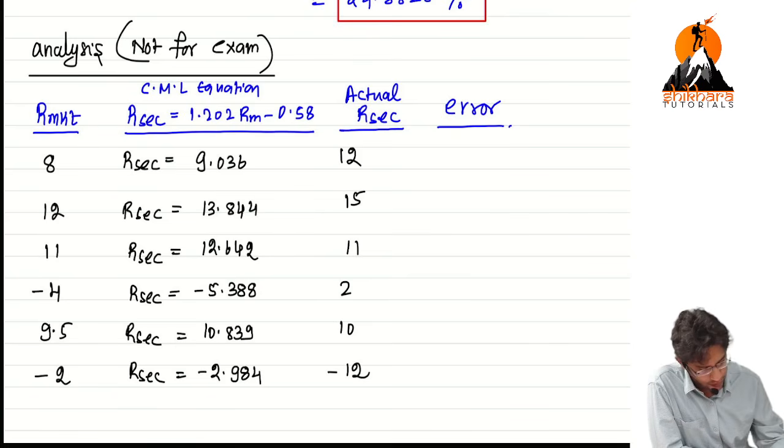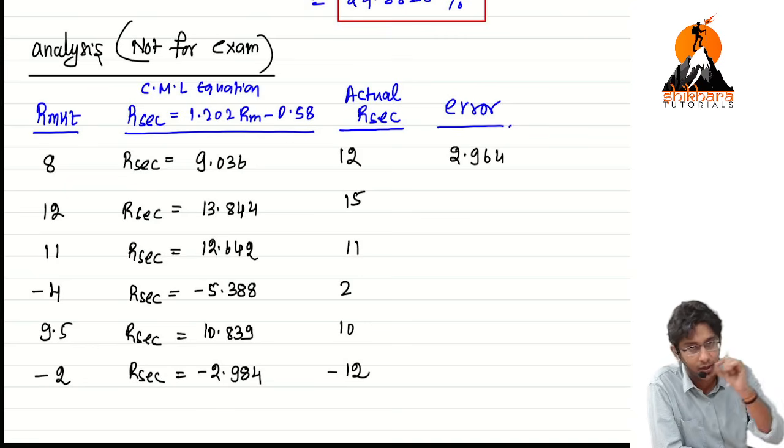Okay, 9.036 minus 12, or else do actual minus this, because most numbers are like that. So 12 minus 9.036 is 2.964. My actual return is higher than my line equation's return.